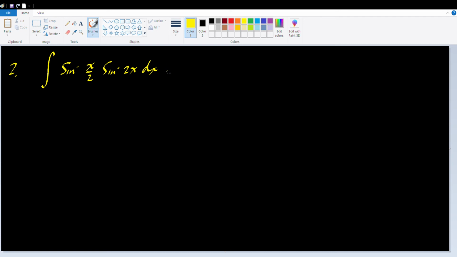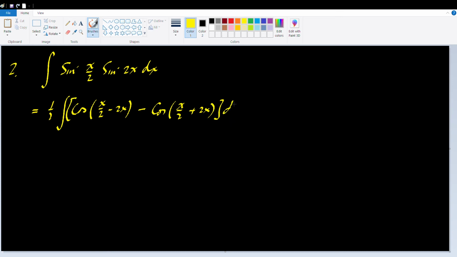For this particular integral, we apply the second identity, which is 1/2 cosine of x over 2 minus 2x minus cosine of x over 2 plus 2x, everything dx.